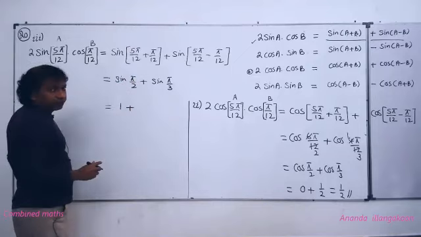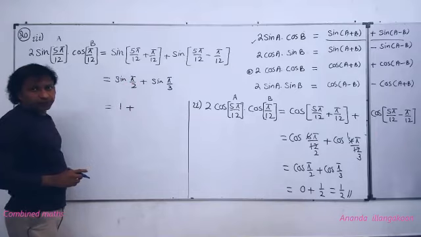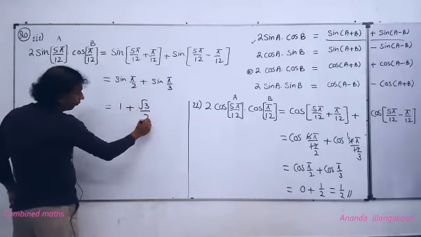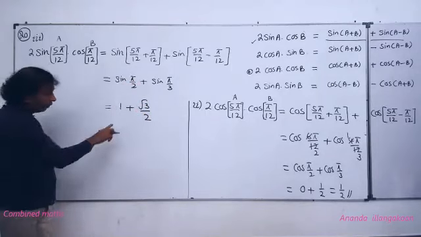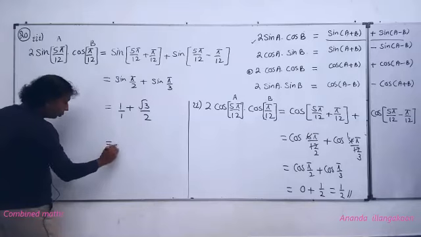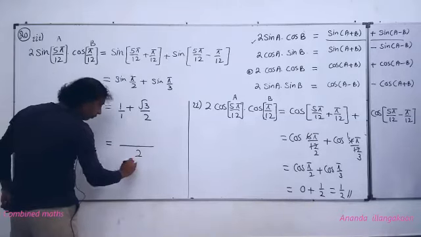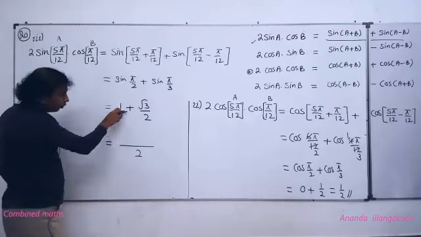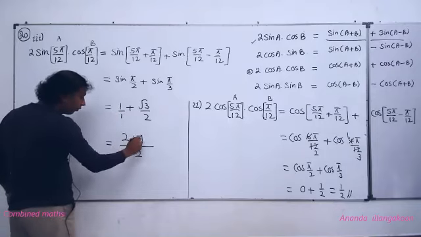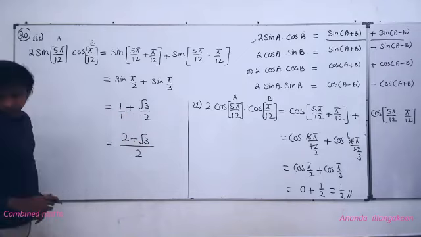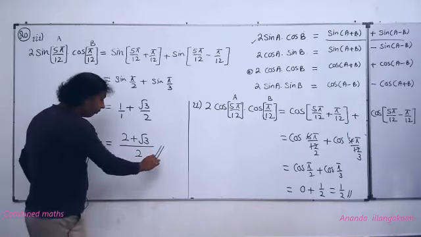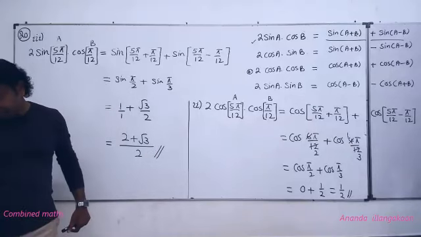Sine pi by 3 is sine 60, which is root 3 by 2. Now this 1 has the denominator 1. Take the common denominator as 2. Then this 1 should be multiplied by 2. Then we get 2 plus root 3, divided by 2 is the answer. Okay, then you can take the answers like that.